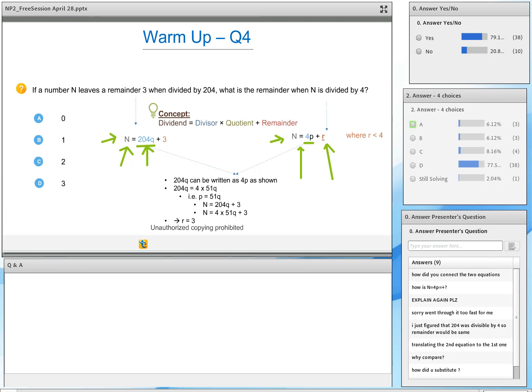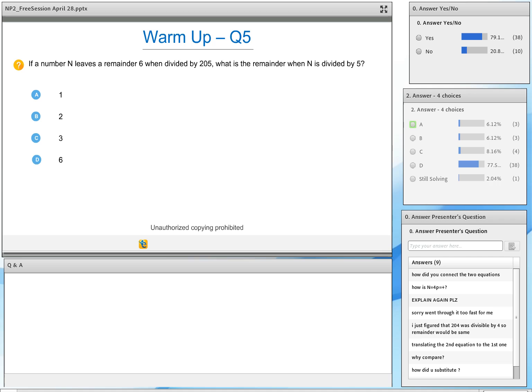Okay. All right, so with this, let's move on to our next question, question number 5. And here I would want all of you to apply the method that we just applied on question number 4. Don't solve it by finding out the value of n.